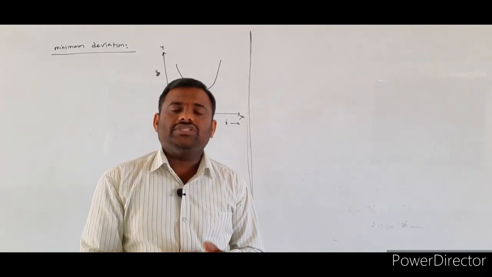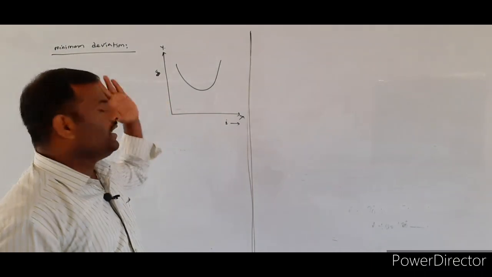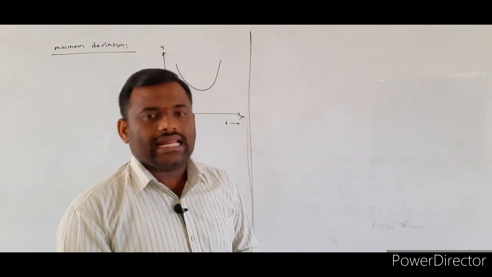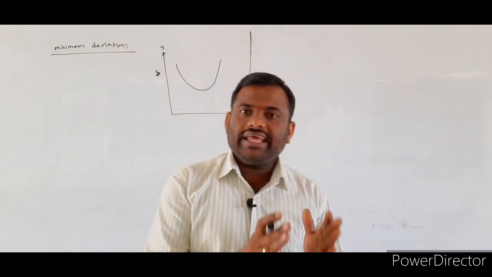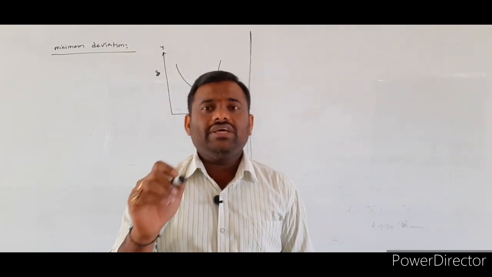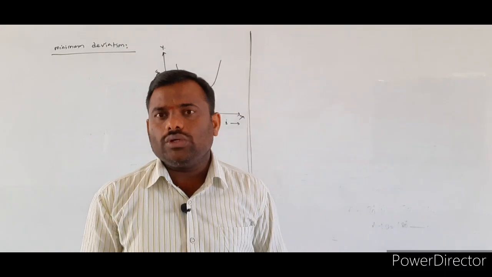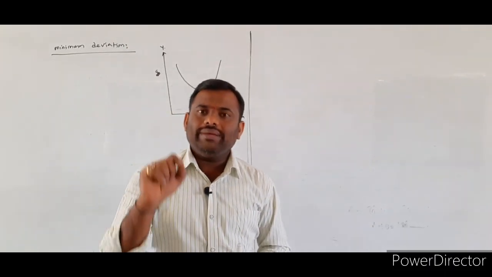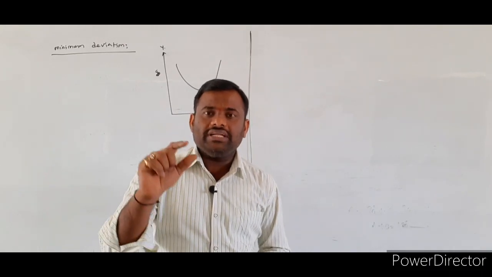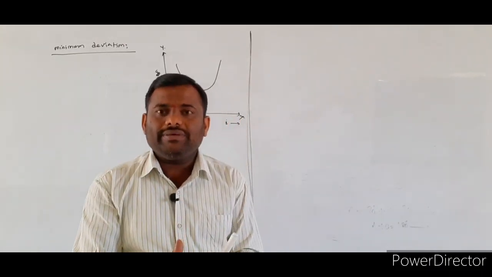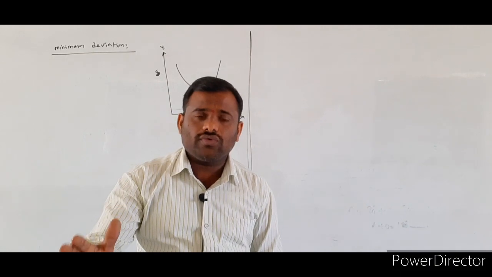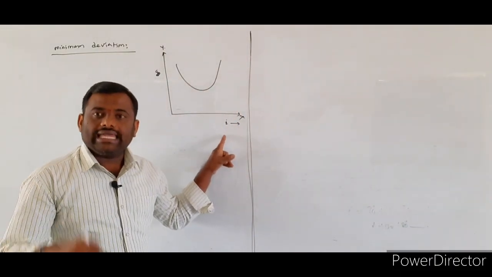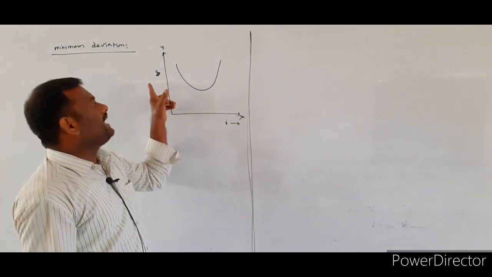Such angle of deviation we represent with delta. We already know one formula: whenever light travels from a rarer medium to a denser medium, delta is equal to I minus R. That means the angle of deviation depends upon the angle of incidence. If the angle of incidence changes, the angle of deviation also changes. So for different angles of incidence, you get different angles of deviation.